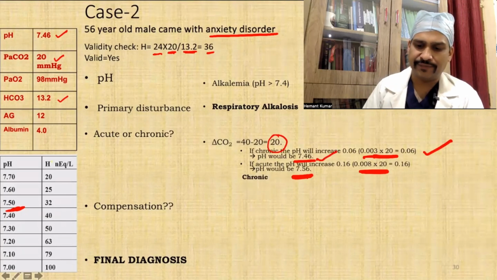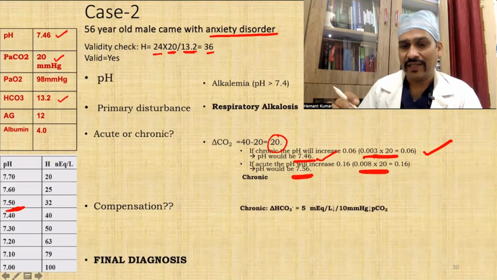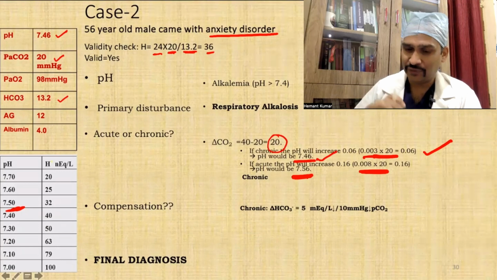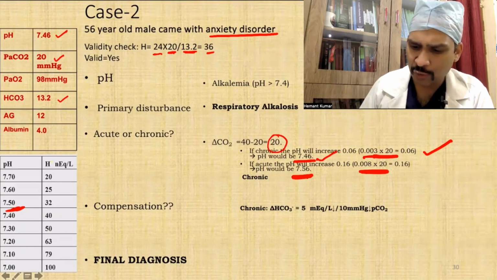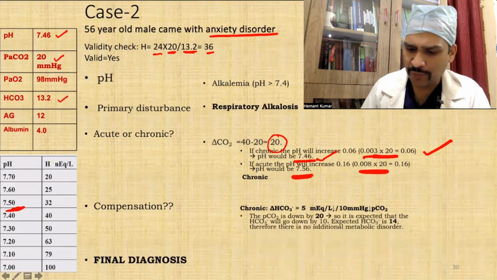Now compensation. How does it occur? 5 is to 10. If there's a decrease in PCO2 by 10, the bicarb will decrease by 5. So 5 is to 10. How much is PCO2 less? 20.